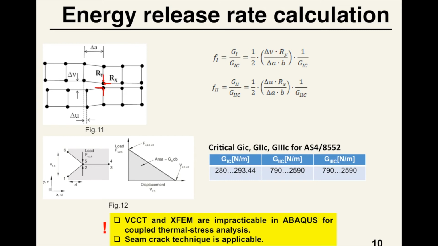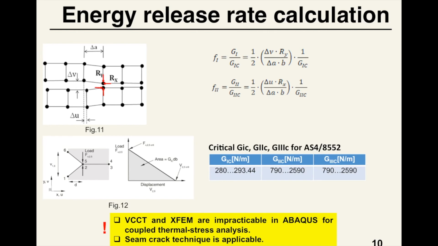The commonly used virtual crack closure technique and extended finite element method were not applied, bearing in mind the limited use of methods during coupled temperature-displacement analysis that we actually have in our case.